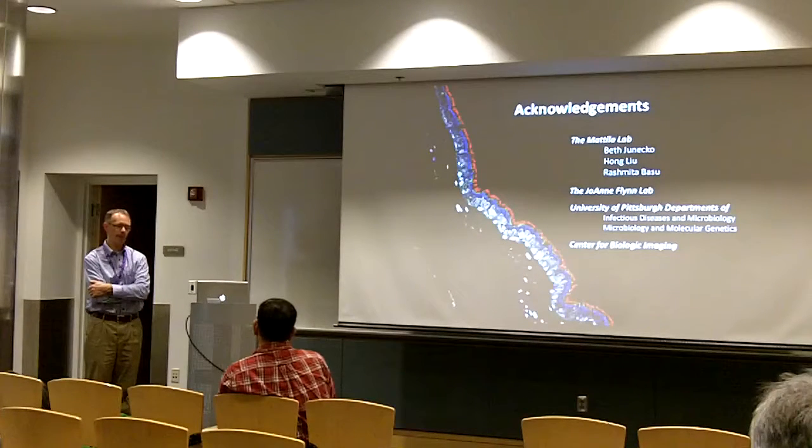That's really where things need to go in TB. We spend a lot of time looking at individual granulomas, but we don't have a good feel for what the big picture is.